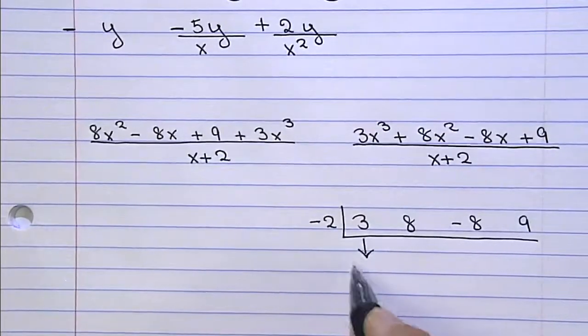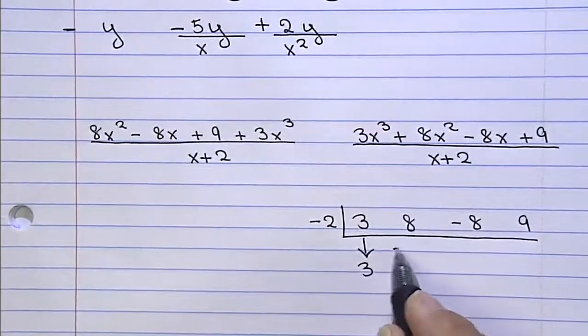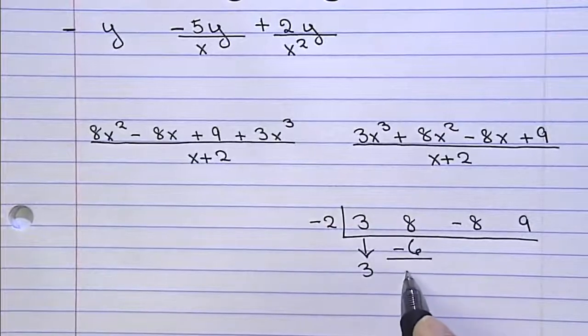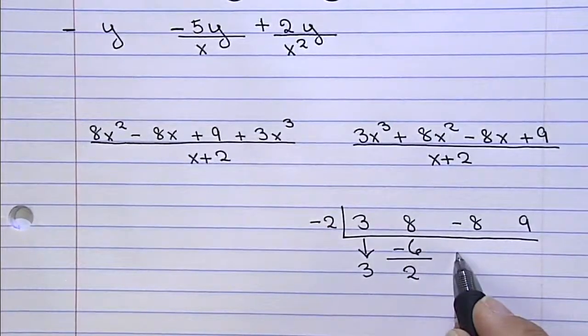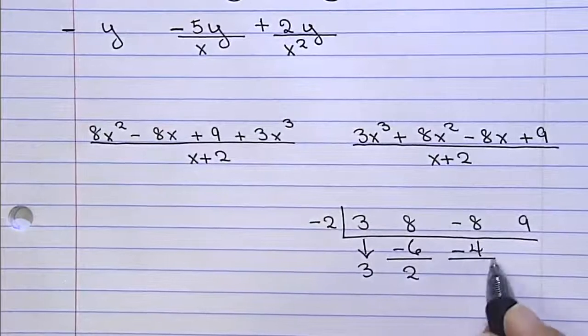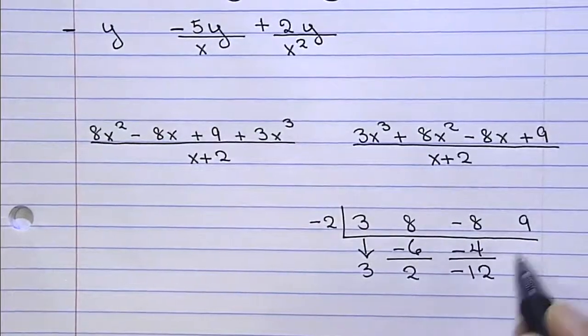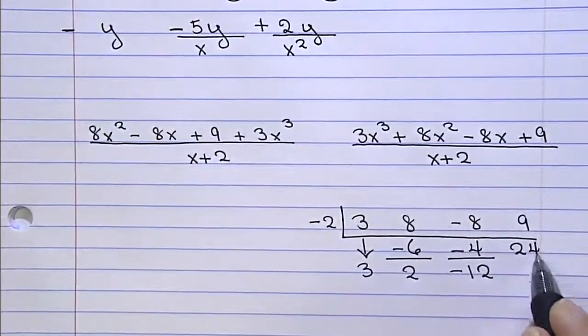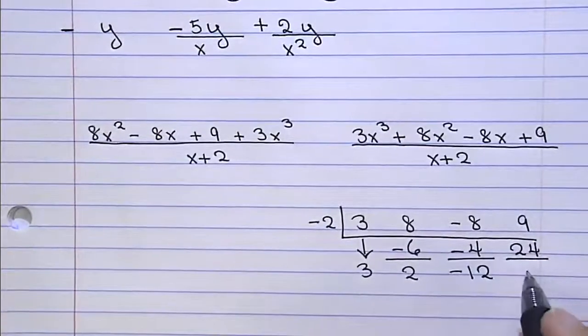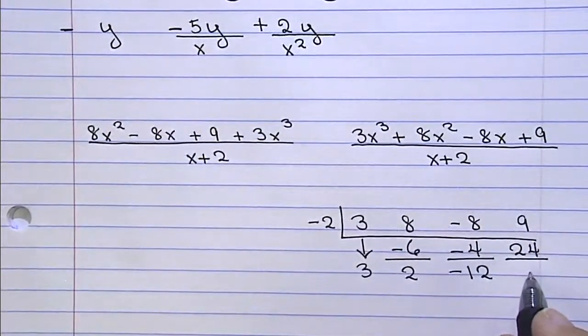This is really quick, so I'm going to go ahead and do it. It's 24 plus 9, somebody. 33, thank you.